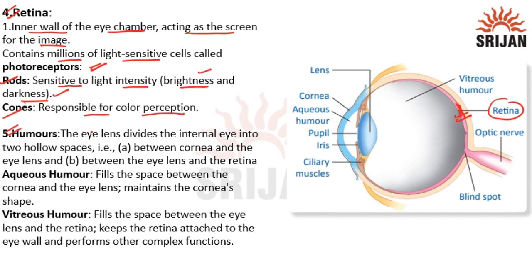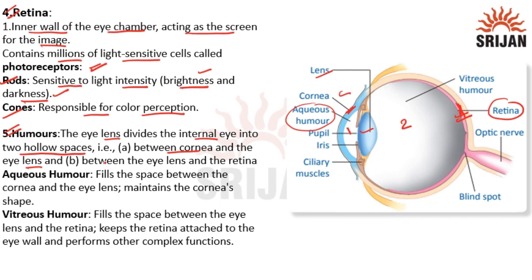Fifth one is humors. The eye lens divides the internal eye into two hollow spaces. The first is between the cornea and the eye lens, and this hollow space is known as aqueous humor.